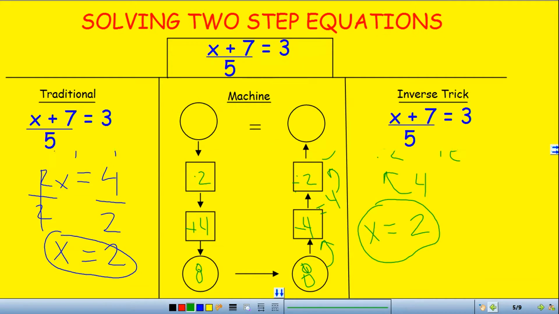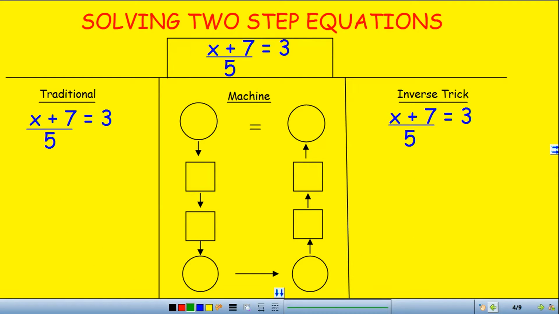Let's try another example. Now this next example is x plus 7 divided by 5 equals 3. So the traditional method tells me to start here with my division, and once I handle that, then I can deal with my plus 7.